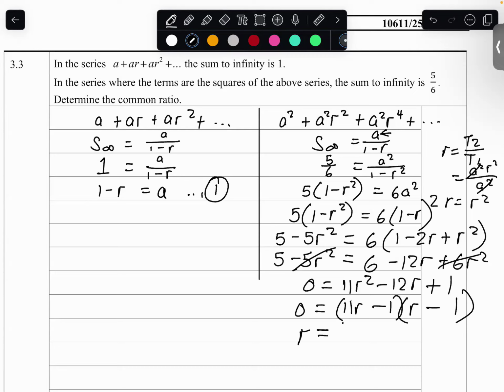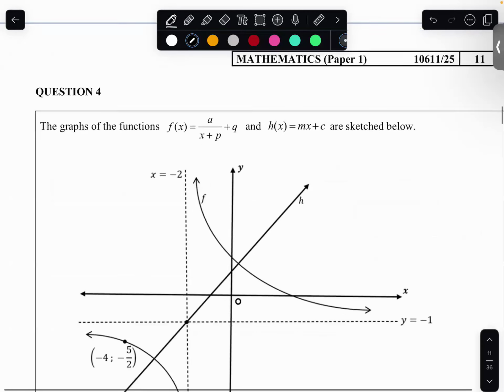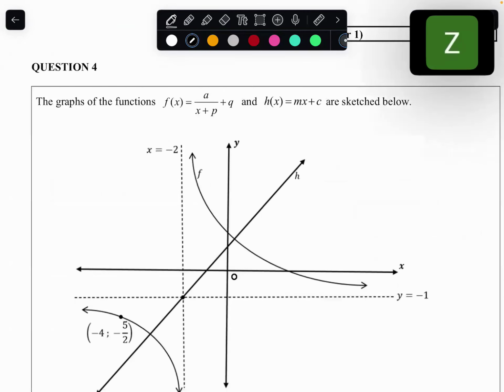So R is equal to 1 over 11, or R is equal to 1, which I told you that's no solution. This question just asked for the common ratio, so we don't have to sub back. Right, and so R is just 1 over 11. All right, okay. Breather, 1 second.